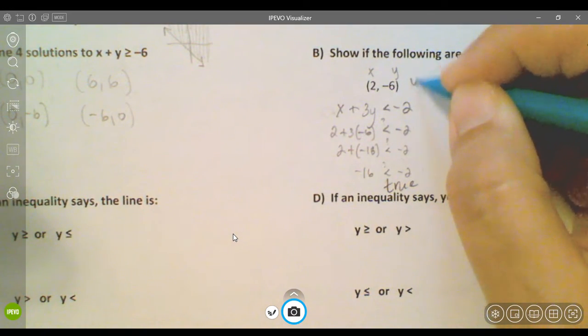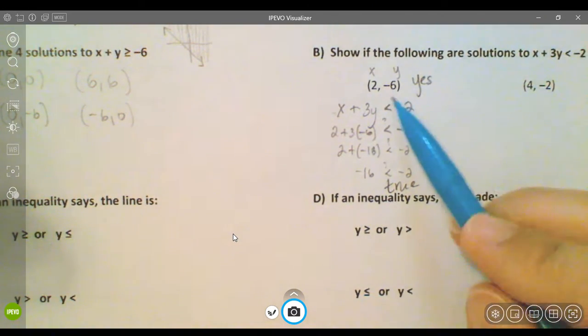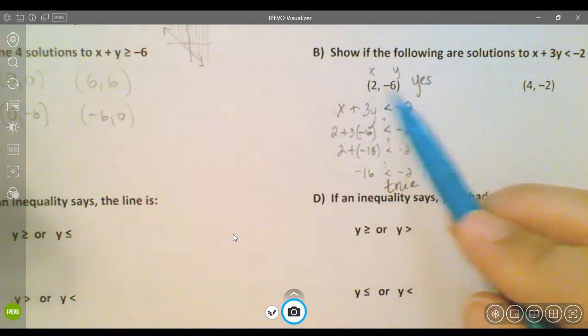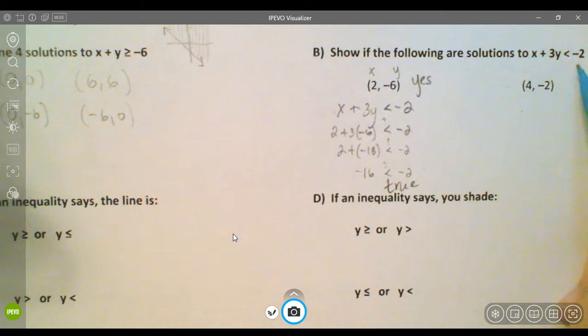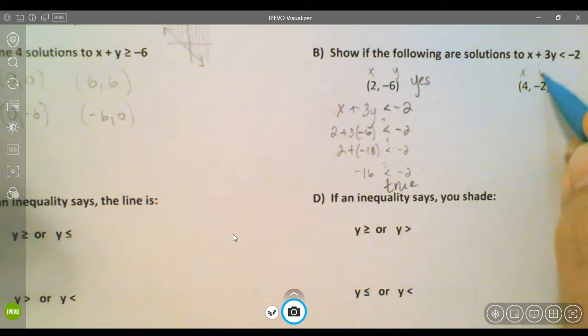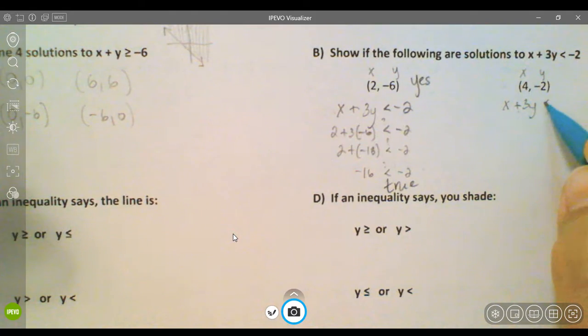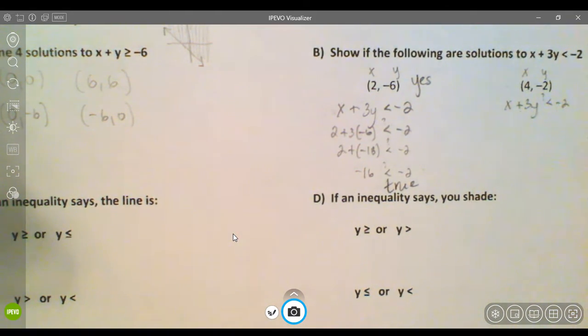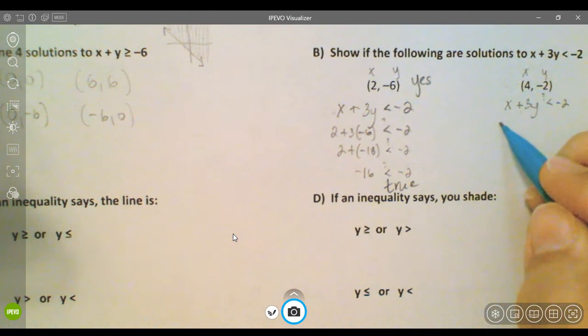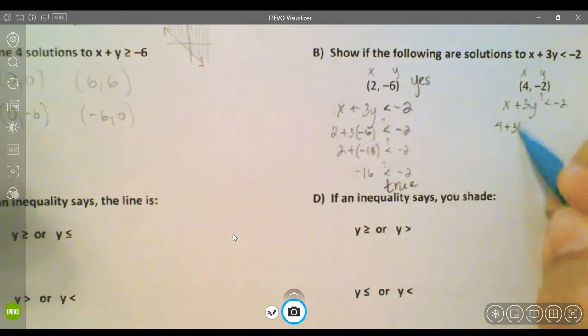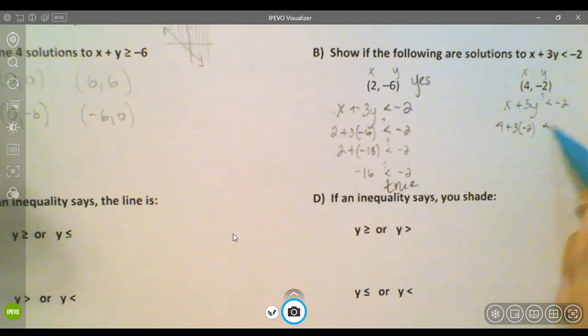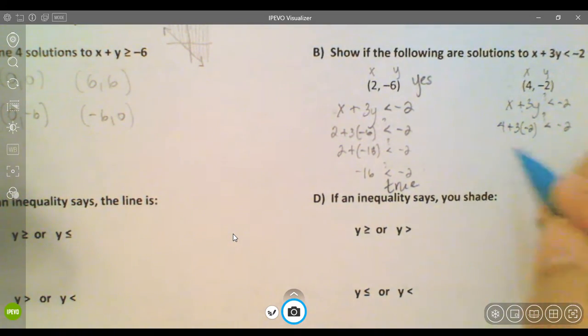So, yes, this is a solution because when I substitute x and y, I do get a number that's less than -2. So let's look at this one. So we're looking at x plus 3y. Is that less than -2? So is 4 plus 3 times -2 less than -2?